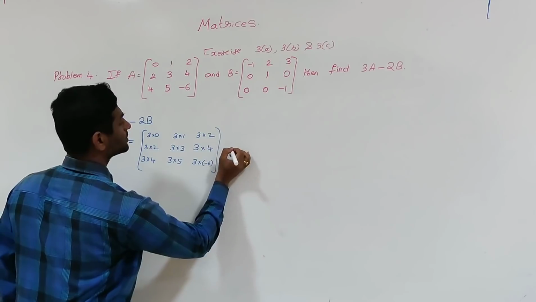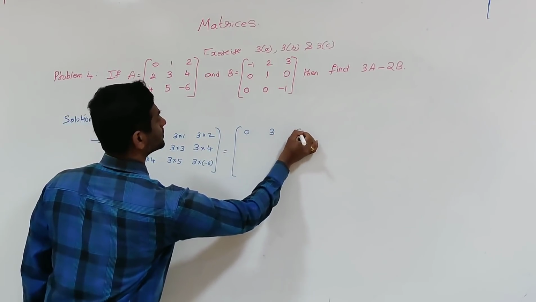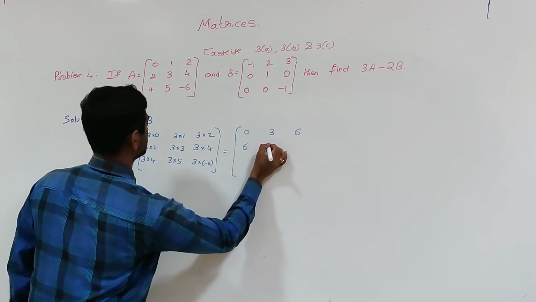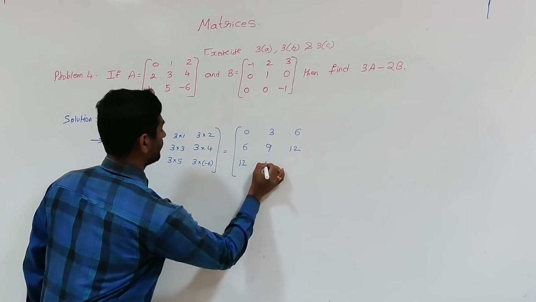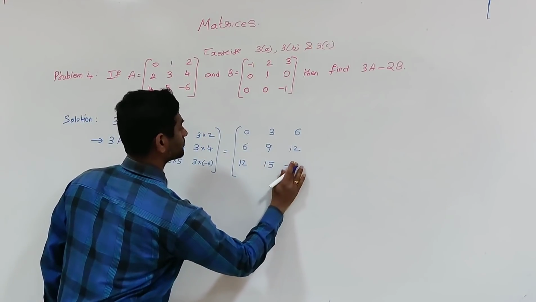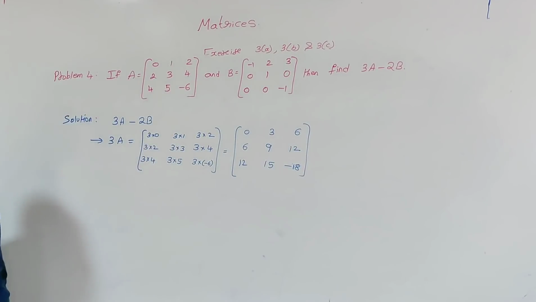So which is the matrix 0, 3, 6, 6, 9, 12, 12, 15, minus 18. So this is the 3A matrix.